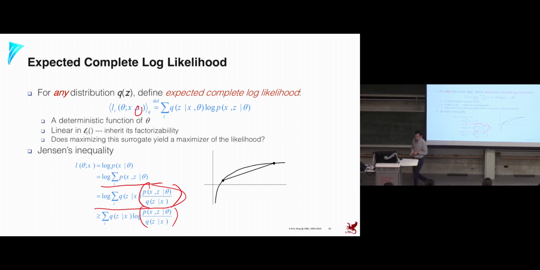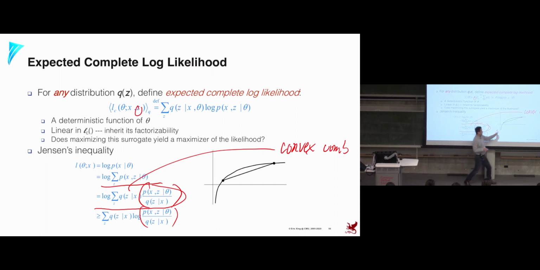In optimization we call them a convex combination of different options. The logarithm of the convex combination of options is going to dominate the convex combination of the logarithm of that thing. Okay, that's Jensen's inequality.